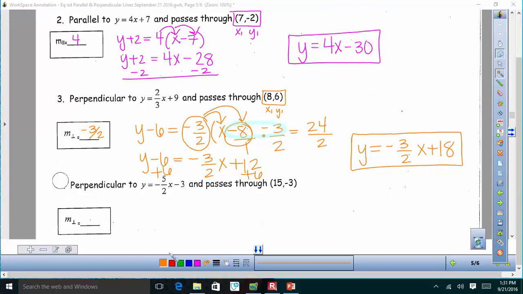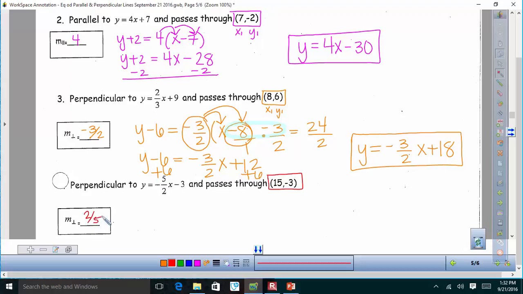Okay, let's look at one more perpendicular. Okay, so in number 4, it asks us for a line that is perpendicular to y equals -5/2x minus 3 that passes through the point 15, -3. What would the slope look like for something that is perpendicular to this? 2/5.